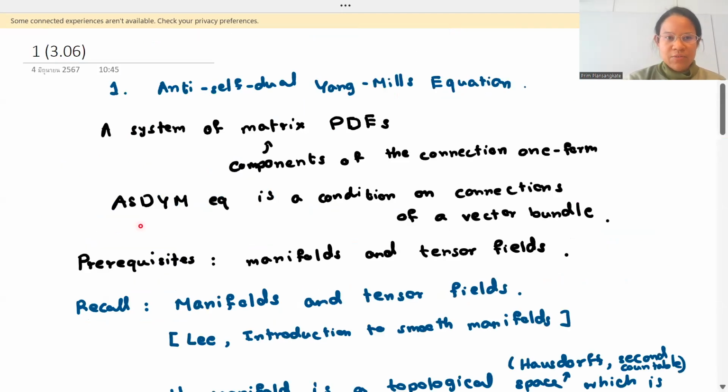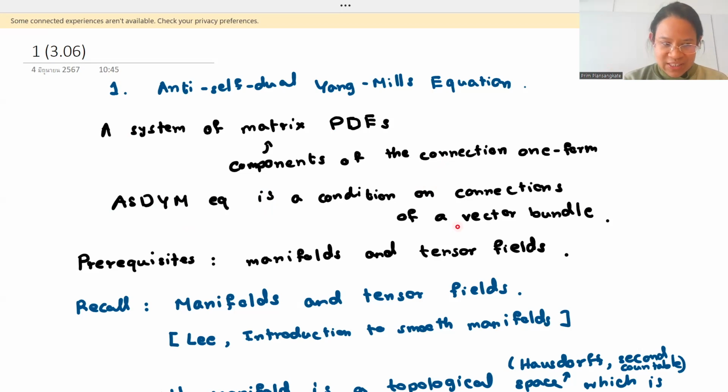The anti-self-dual Yang-Mills equation is in fact a system of PDEs, of matrix PDEs, where these matrices are actually components of the connection one-form. So the equation is to impose a condition on a connection of vector bundles.